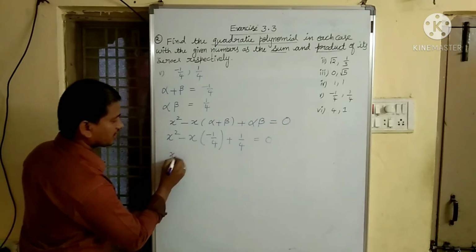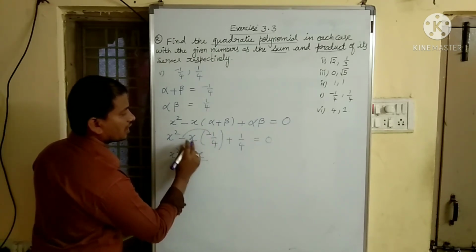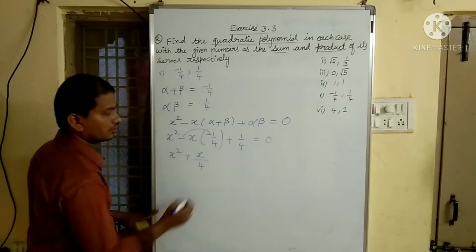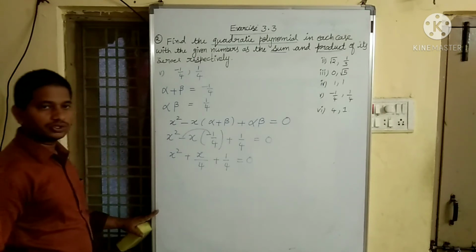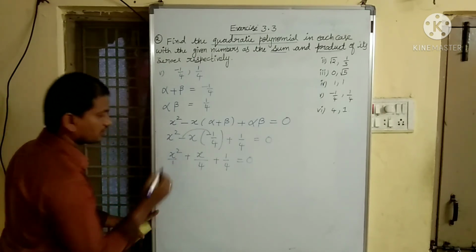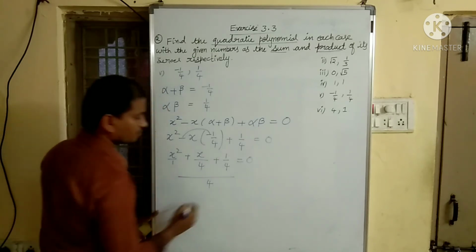Got it? So x square minus into minus, plus x by 4 plus 1 by 4 equal to 0. Here the denominators are 4 and 4, LCM is 4.